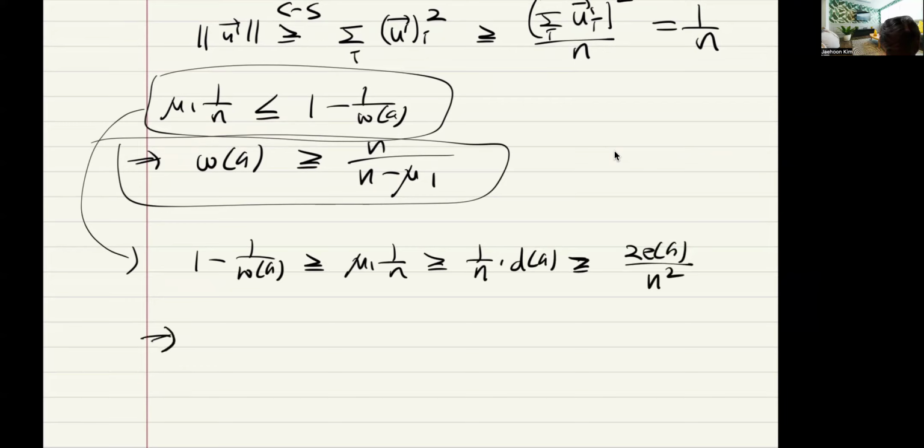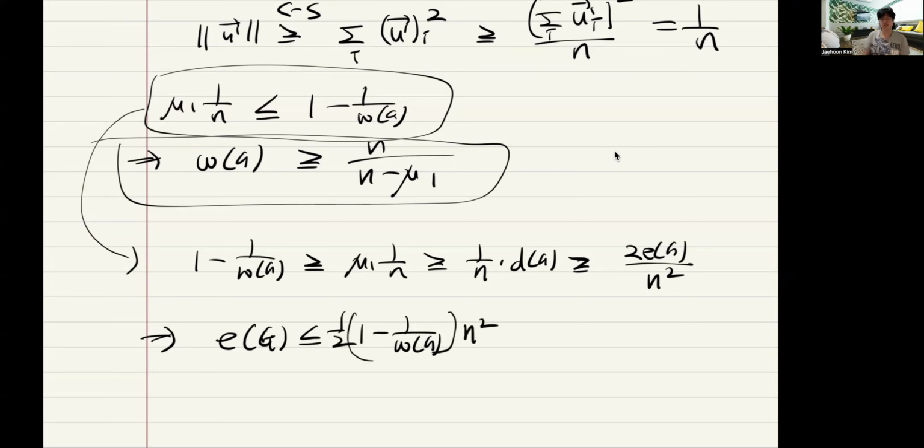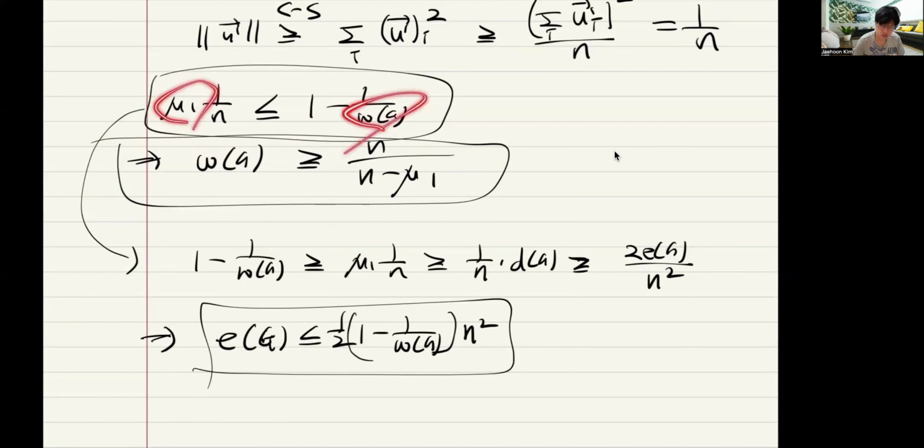So from here, the number of edges in G is at most half times this times n squared, which is the Turan theorem that we proved before. So using this, we can prove Turan theorem, and this shows the relationship between mu1 and the clique number of G as well.